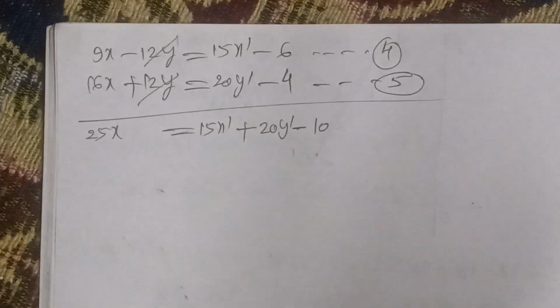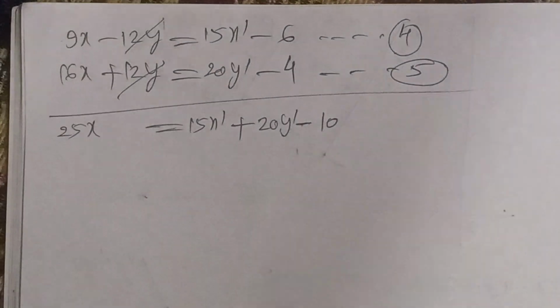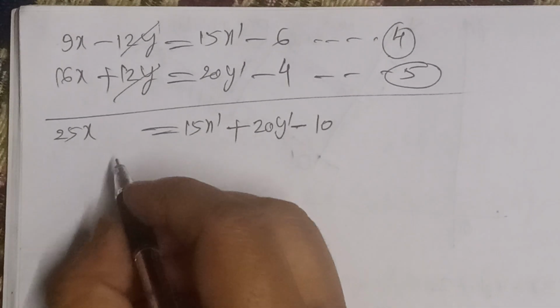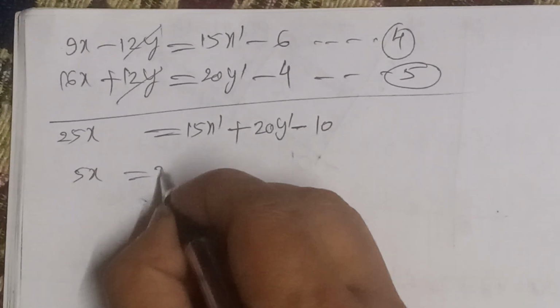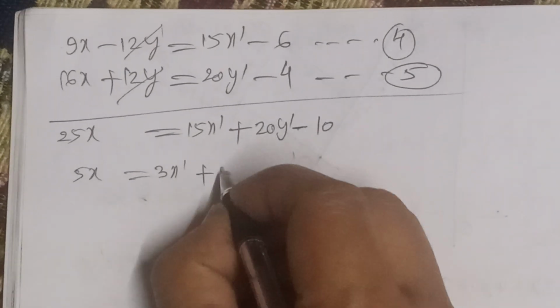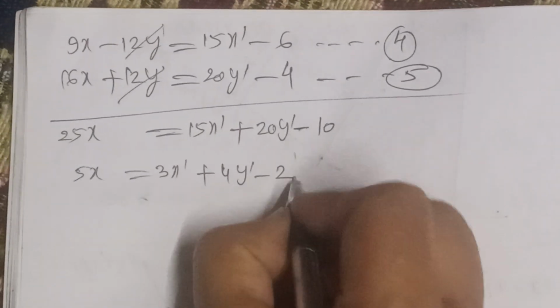We can divide by 5 for simplicity. We get 5x is equal to 3x dash plus 4y dash minus 2.